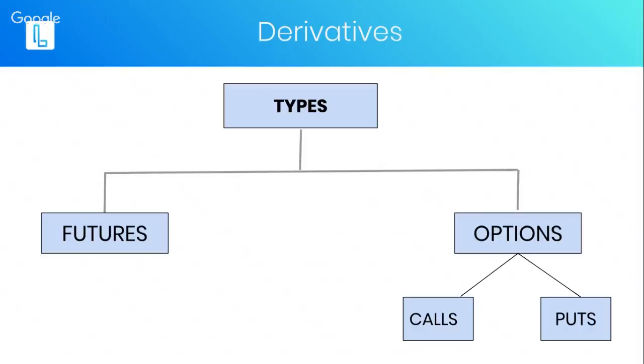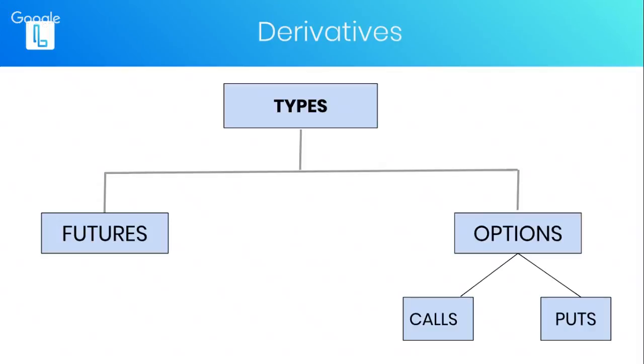There are two types of contracts: option contracts and future contracts. Future contracts are not going to be discussed in today's class, but we are going to talk about option contracts. Options are called options because they give an option to the buyer of the contract.